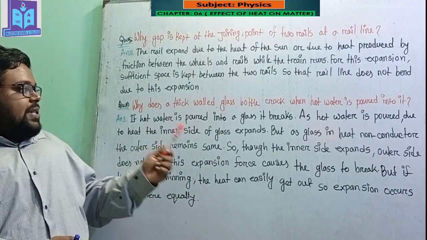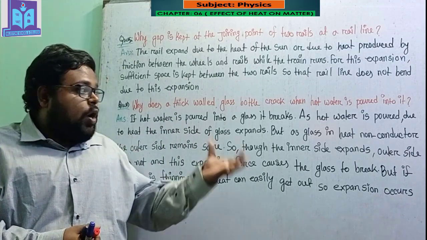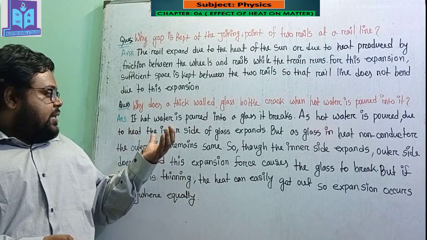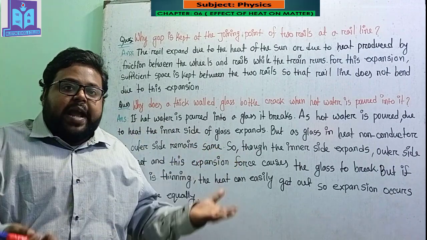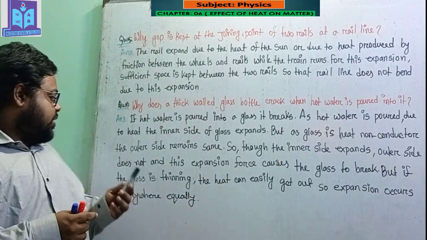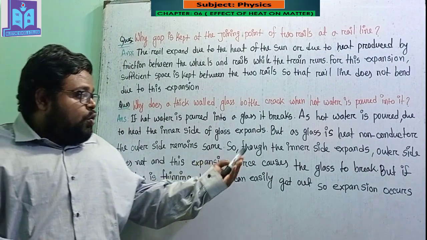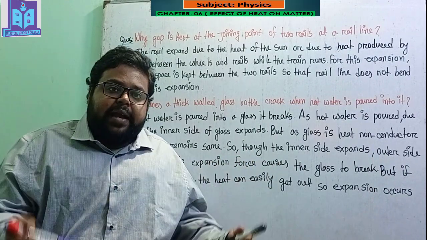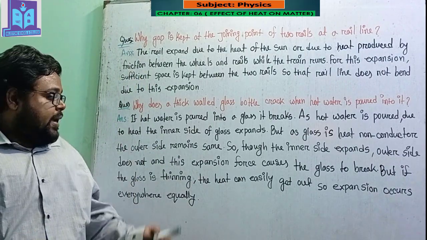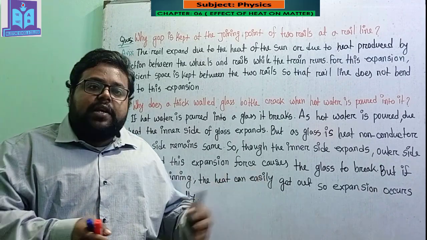If hot water is poured into a glass, it breaks. As hot water is poured, due to the heat, the inner side of the glass expands. But as glass is a heat non-conductor, the outer side remains the same. So the inner side expands and the outer side does not expand, and this expansion force causes the glass to break.